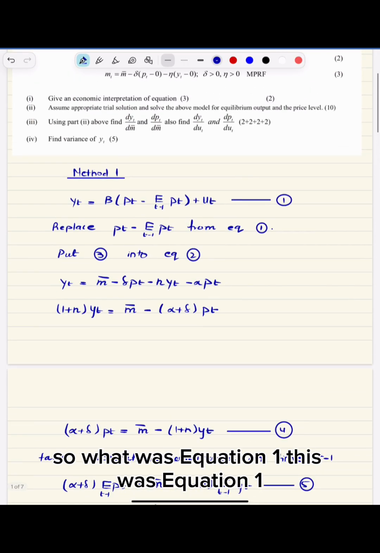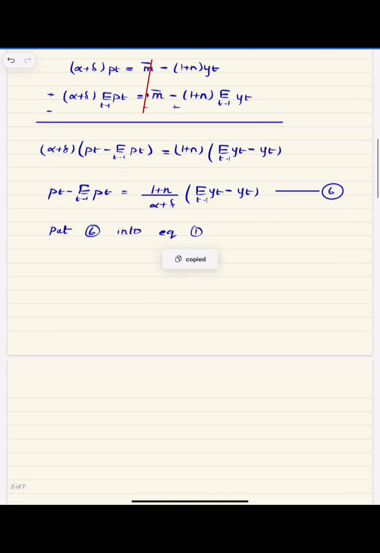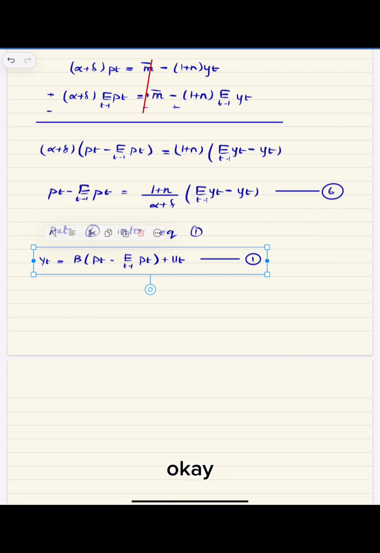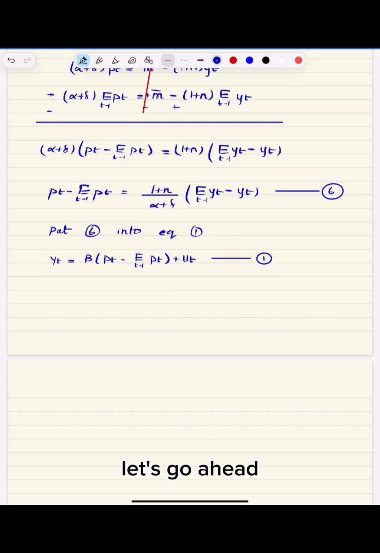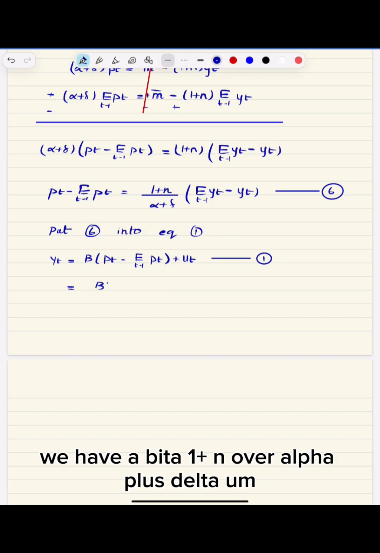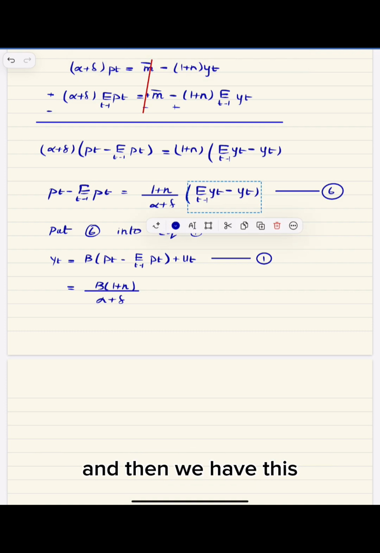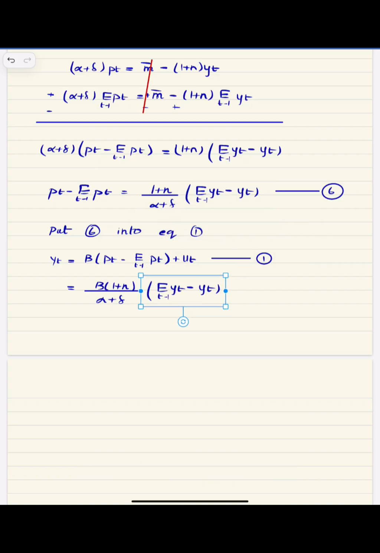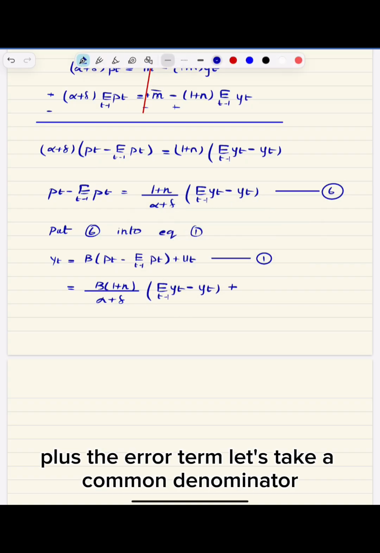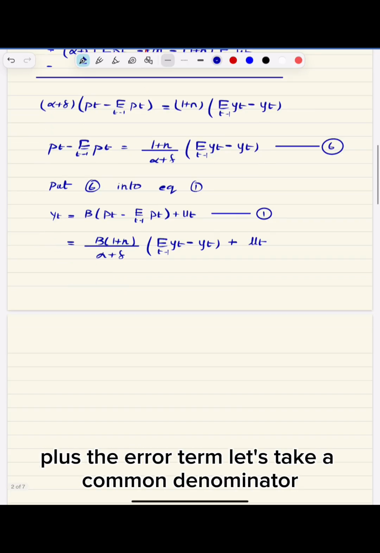So what was equation 1? This was equation 1. Okay, let's go ahead. We have beta 1 plus n over alpha plus delta, and then we have this plus the error term.